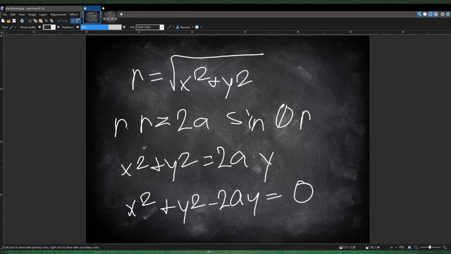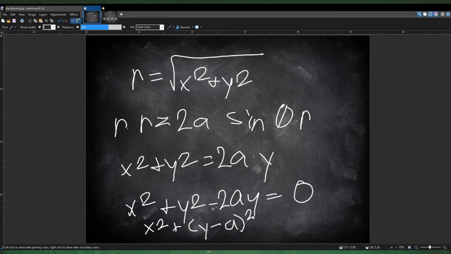Then we have x squared plus, and you put this into the circle form, so it's y minus, dividing negative 2a by 2, you get negative a, squared. So that gets y squared minus 2ay plus a squared.